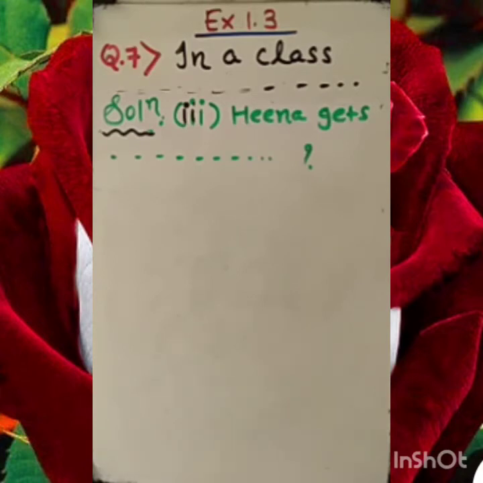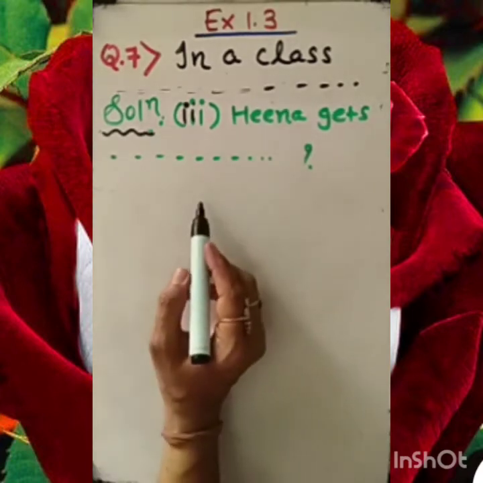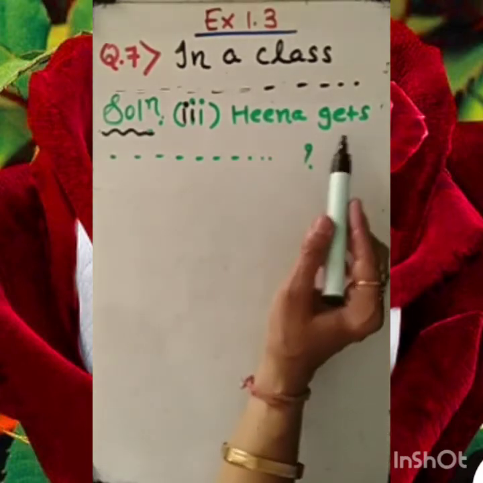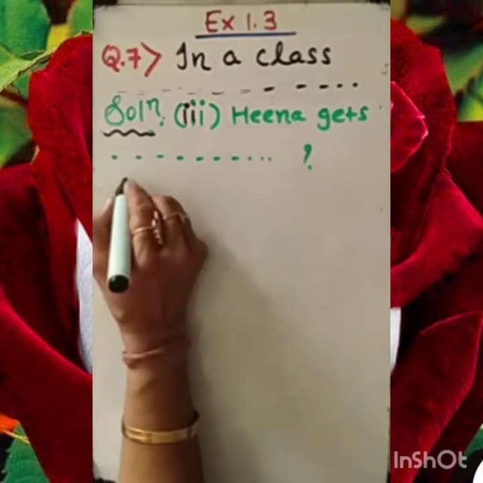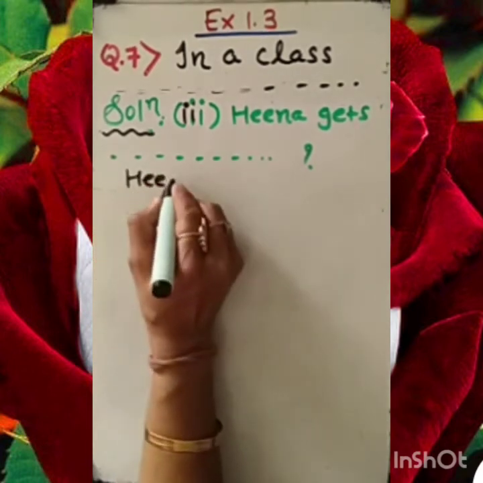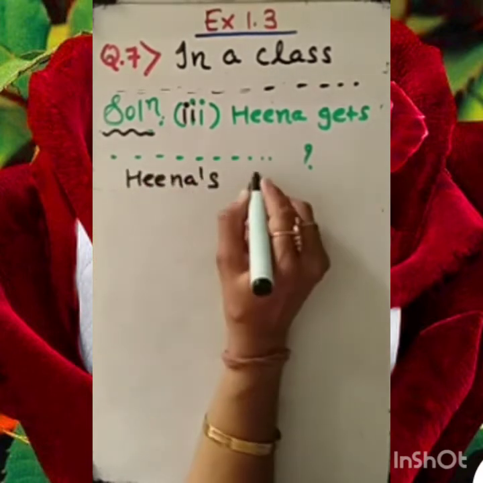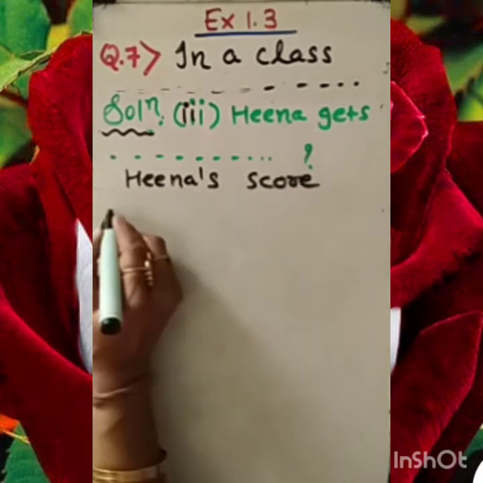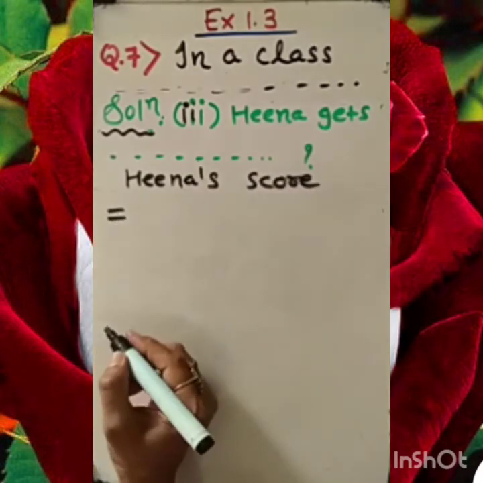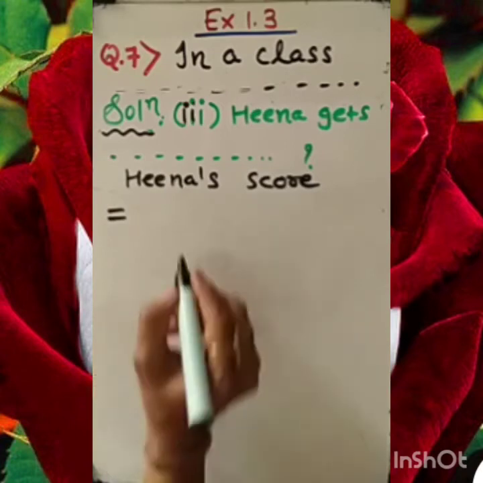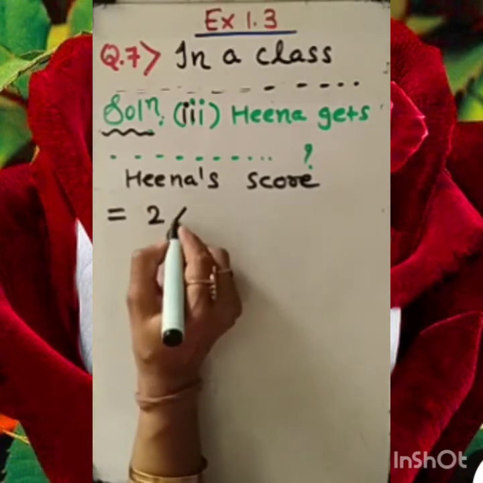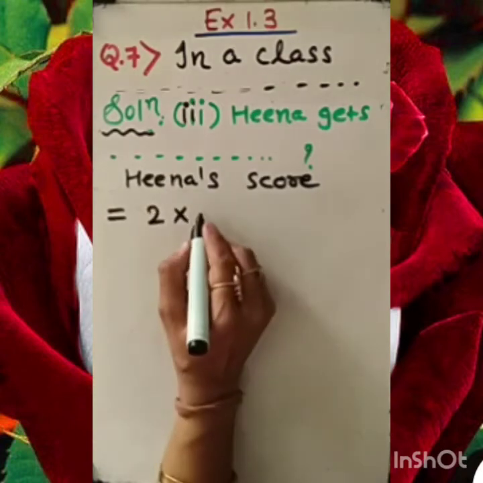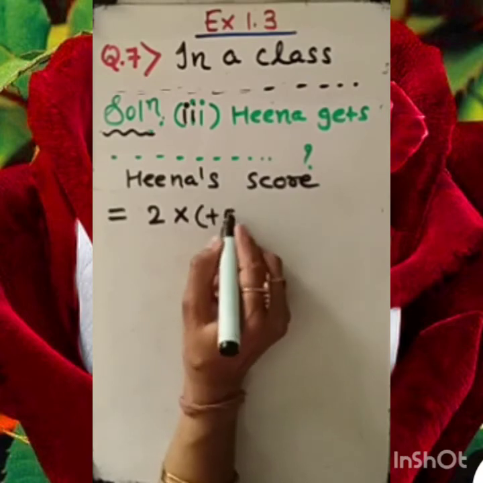But here in the question we are given that Hina gets 2 correct. So find Hina's score. Hina's score equals, as we know, 2 correct answers, and for each correct answer the score is 5 marks.